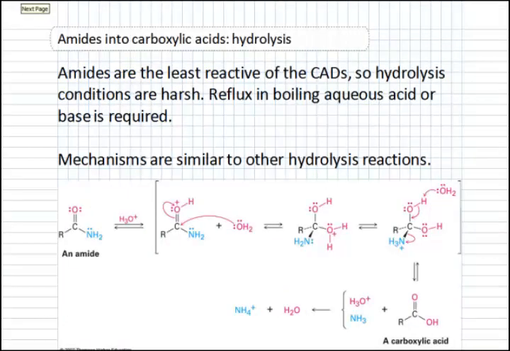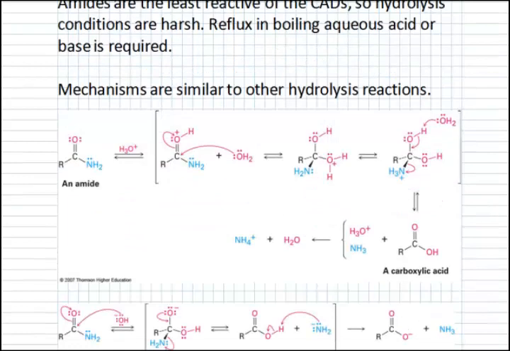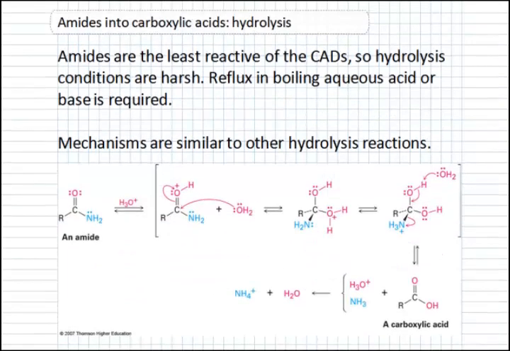So amides, let's talk about hydrolysis of amides. Remember, since amides are the least reactive of all the carboxylic acid derivatives, I can do hydrolysis, but it takes harsh conditions. We have to reflux it in boiling aqueous acid or base. The mechanism is very similar to the other hydrolysis reactions that we've seen. If I do this in acid, remember what happens first. The carbonyl is protonated, water attacks.